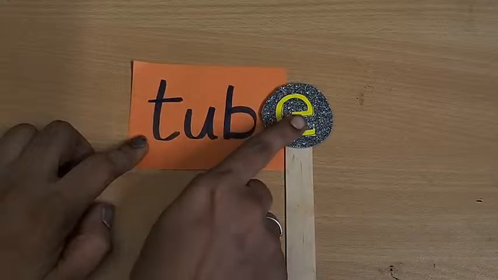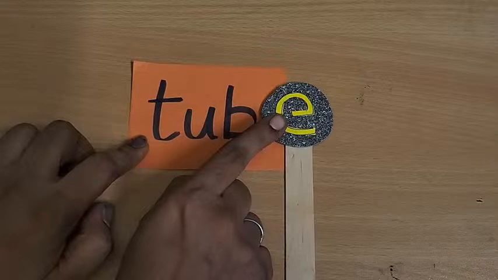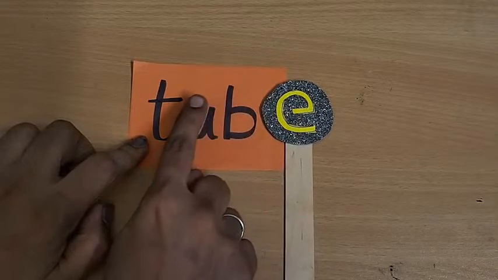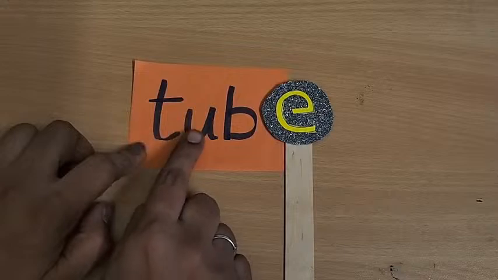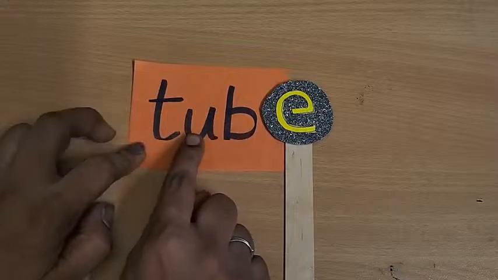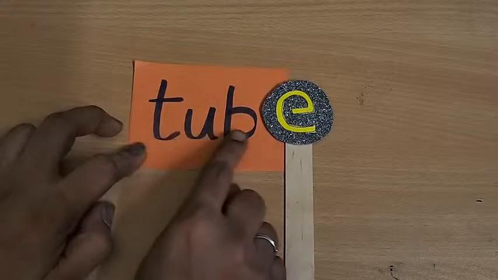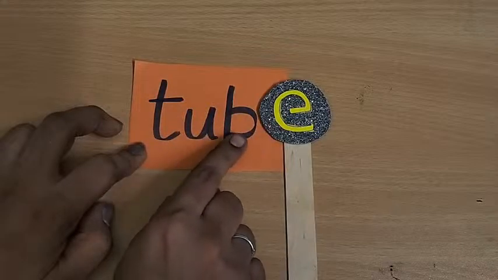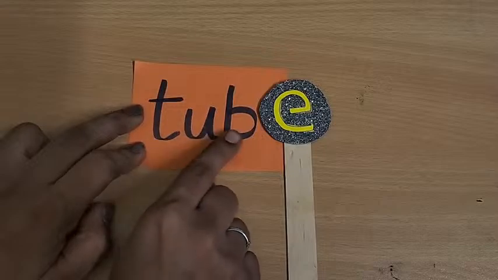If we add E at the end, E becomes silent and the vowel around it says its longer name sound. The letter is U. So T, U, B, tube. As the E becomes silent, you have to pronounce this word as tube.